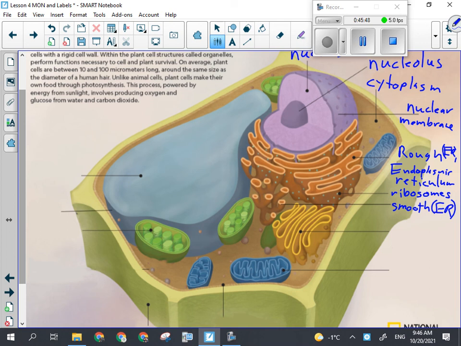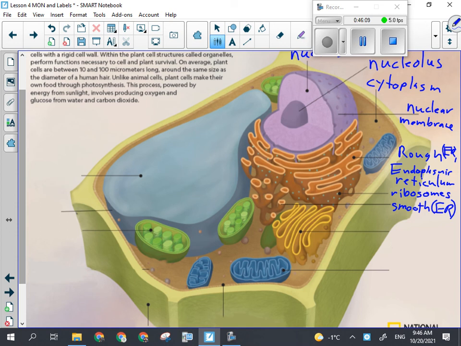Your lysosome is mostly breaking down proteins and stuff that's more complex. The smooth ER also detoxifies any poisons that might be in your cell. So if you were to consume some alcohol, the alcohol would be broken down by the smooth ER of your cell.